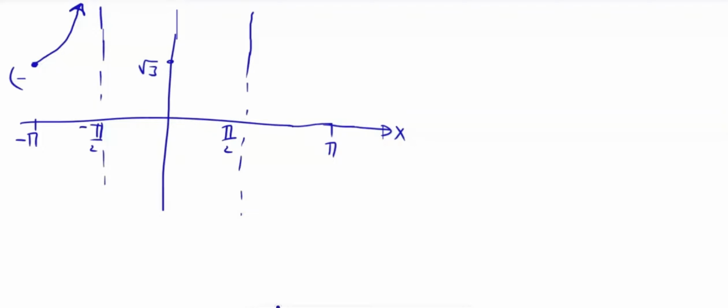That's going to be negative pi, square root 3, and because the graph has a translation of square root 3 units up, we also need to get the x and y-intercepts. Our y-intercept is square root 3, and that section finishes along the asymptote.